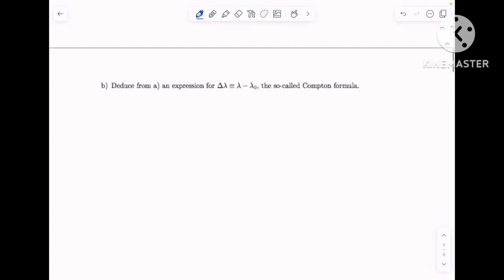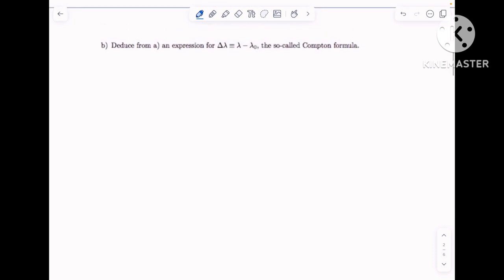To the next section, from the first one, expression for the Compton formula. We get that P equals h over lambda. So substituting into the expression from the last part, 1 over P equals lambda over h, and 1 over P0 equals lambda 0 over h.